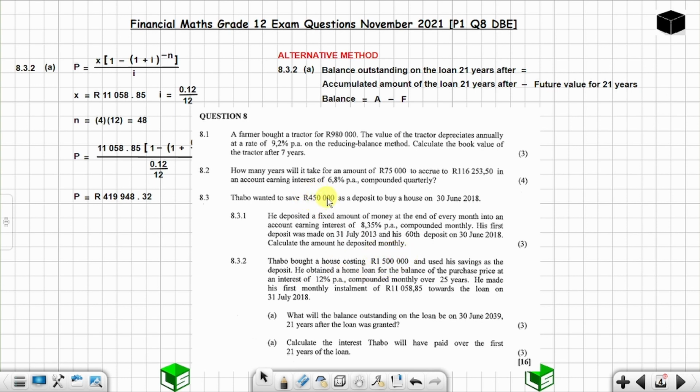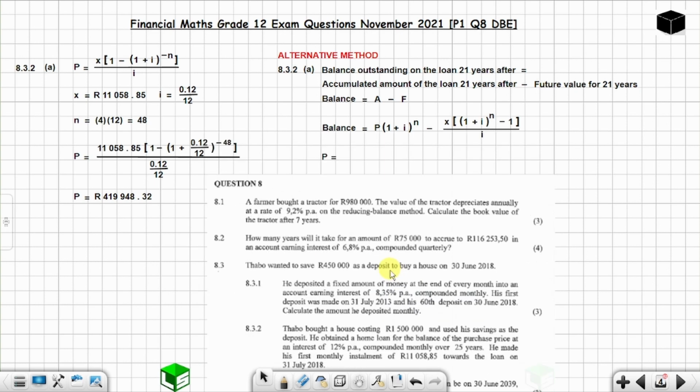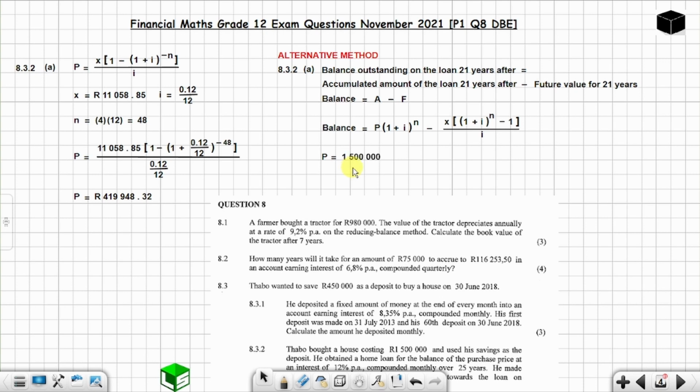You are going to subtract this from this. That will be the initial amount, because he did afford to pay this amount, but that was not the complete amount. He was left with some amount that was due. So the initial amount will be 1,500,000 minus what he paid, and this is equal to 1,050,000 rand.